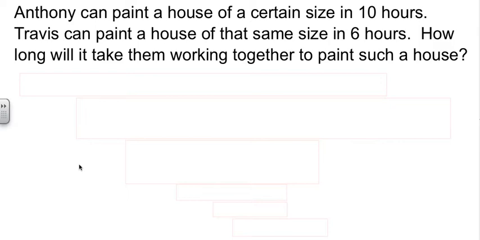It doesn't have to be house painting, but any kind of working going on. They can paint a house of a certain size. Anthony can do it in 10 hours by himself. Travis can do it in 6 hours by himself. The question is, how long will it take them working together to paint a house of that type?